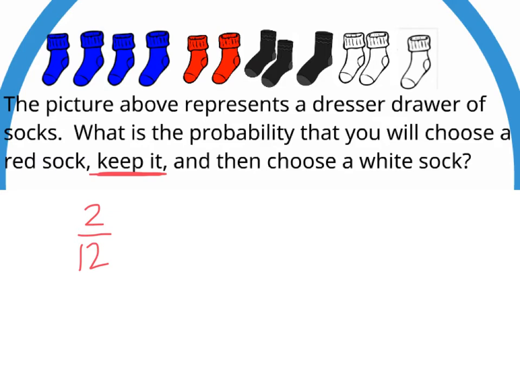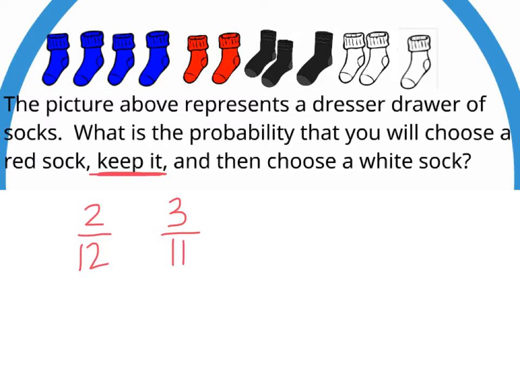But when you keep one of those red socks, you now have a total of 11 for the second probability to choose from. So with that total of 11, you still have the 3 white socks because you didn't pick a white sock, you picked a red sock the first time. But your total is now different.